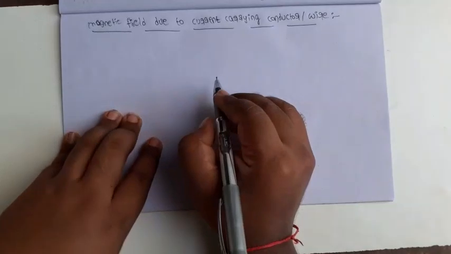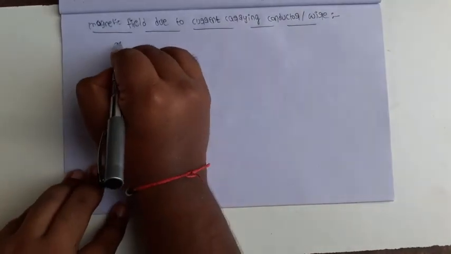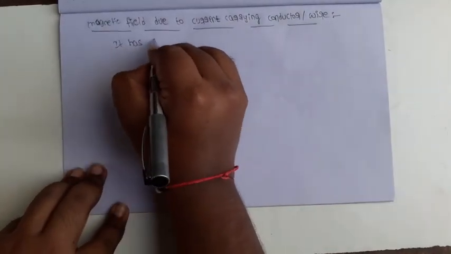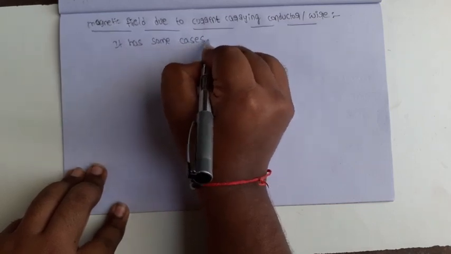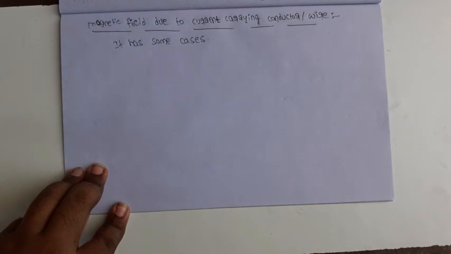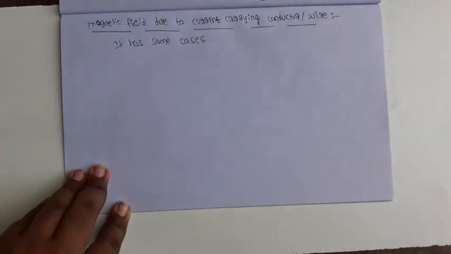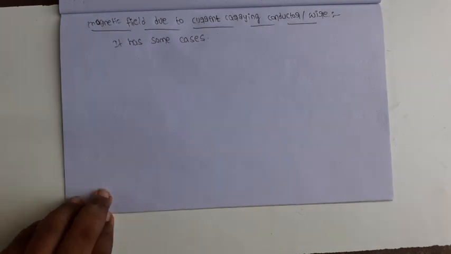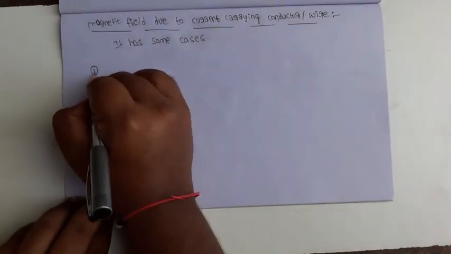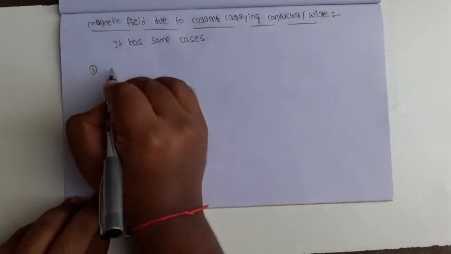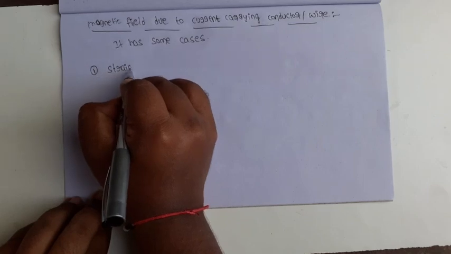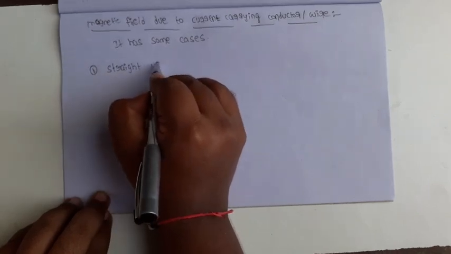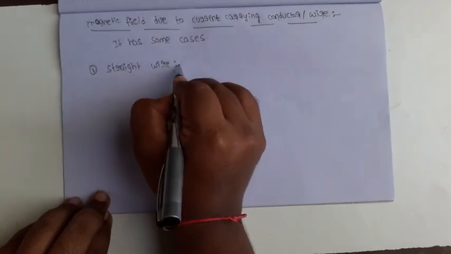It has some different cases. From this topic we will understand the direction of the magnetic field. First one is magnetic field due to a current carrying straight wire.